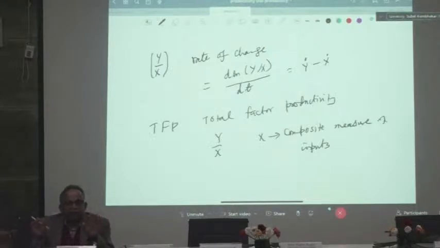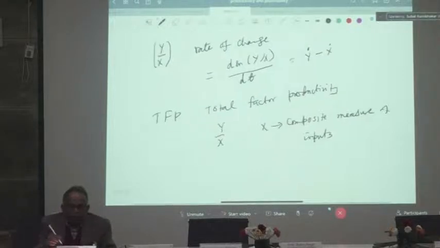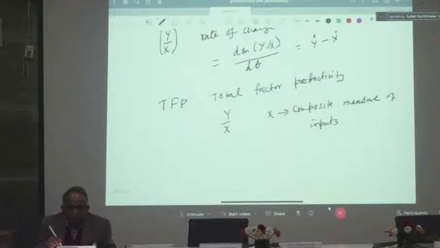So x is an index of input that comprises all the four inputs being used. When you are looking at productivity or TFP change, we'll be using TFP dot. TFP dot is going to be exactly what? Y dot minus X dot.